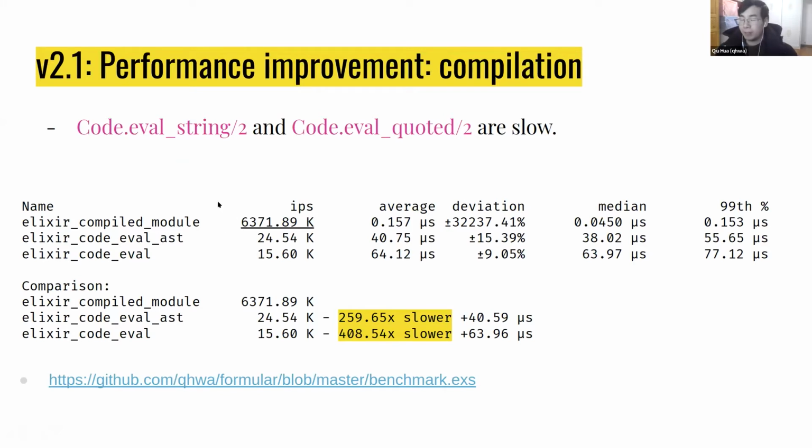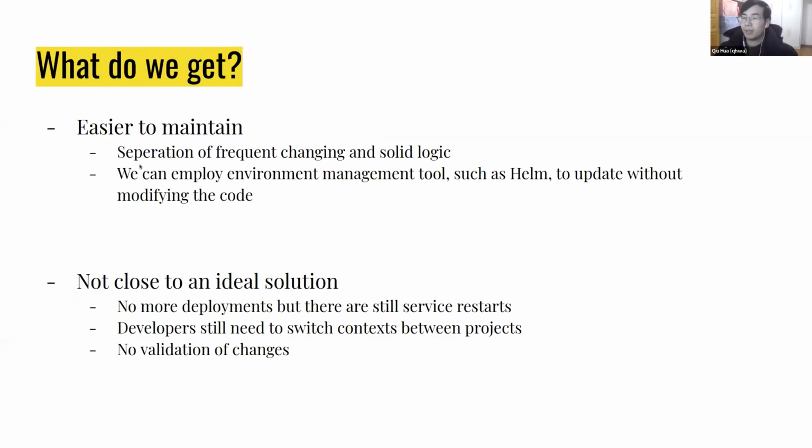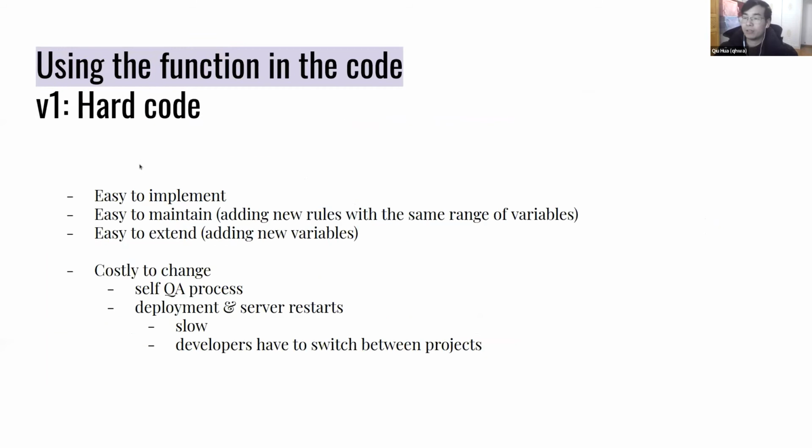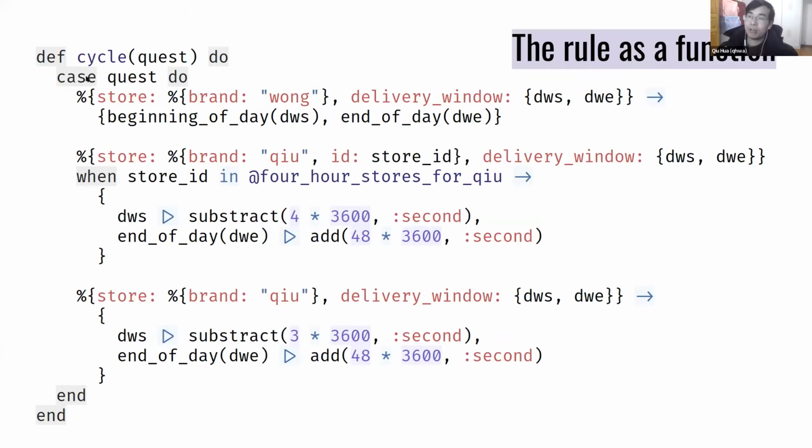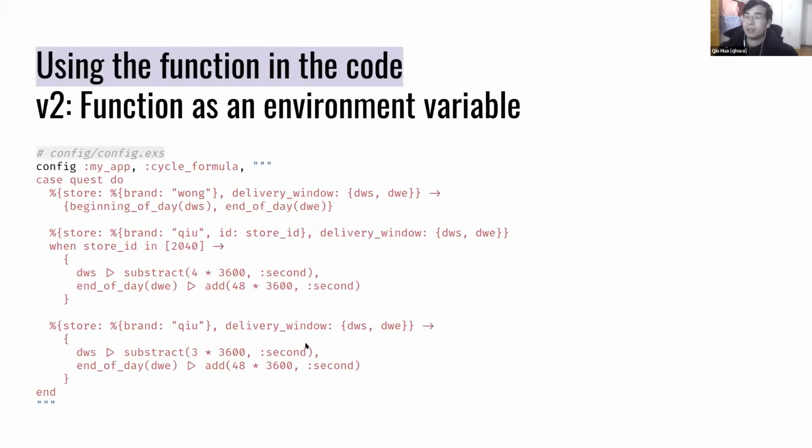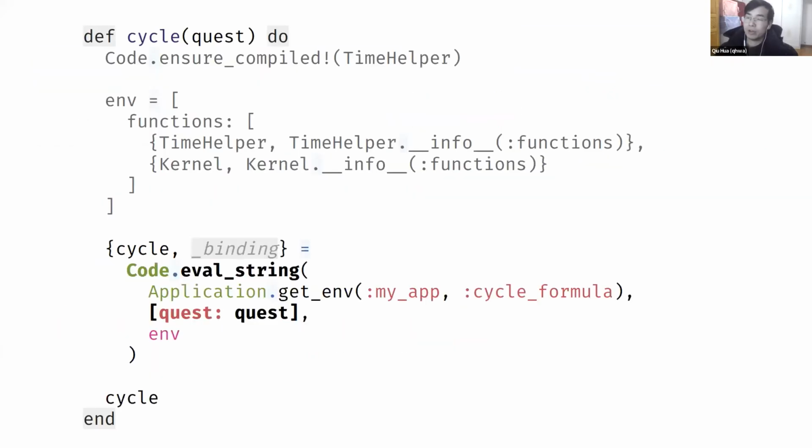Before making improvement to that, I want to just add a side sub problem here. Actually, there's another thing. In this version 1, we are directly calling the function in the Elixir module, which is very fast. But in this version, we are using Code.eval_string.